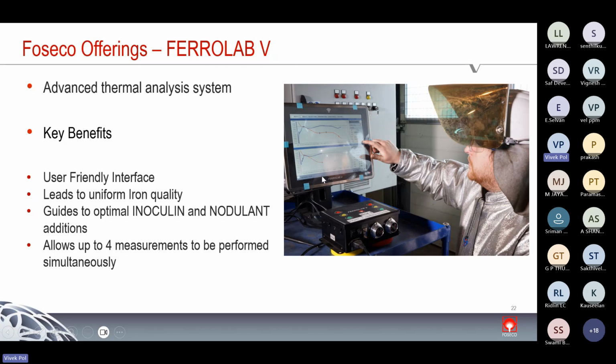On screen we get different thermal parameters, and if a thermal parameter is not as per the specification, it will turn red, and unless we correct it, we should not tap the metal for pouring.